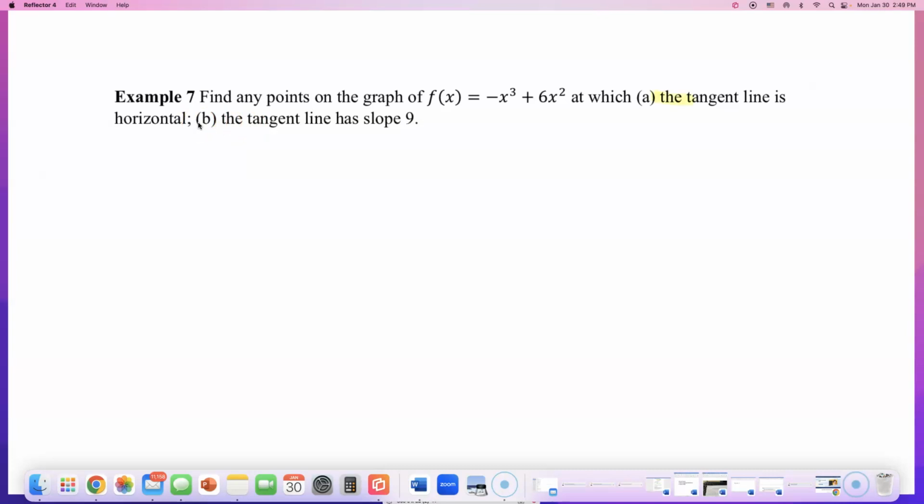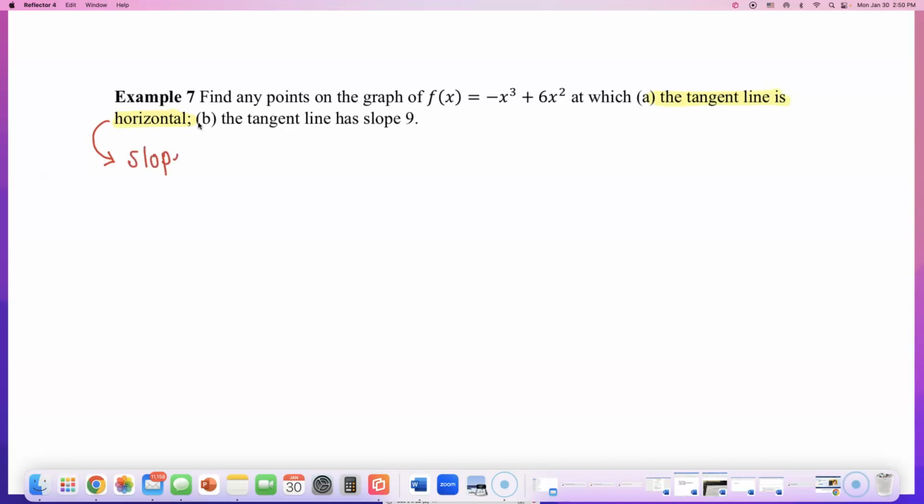I love this problem. When they say tangent line is horizontal, guys, what kind of slope does a horizontal line have? Think about that. Well, this is telling them that the slope is 0.